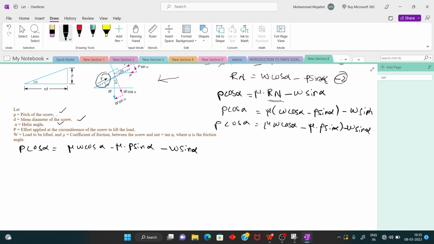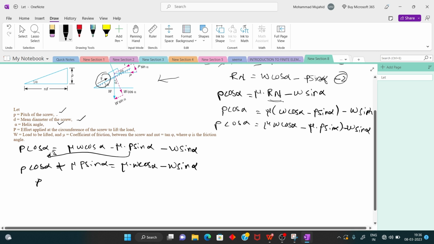You can shift this here: P cos alpha plus mu P sin alpha equals mu W cos alpha minus W sin alpha.